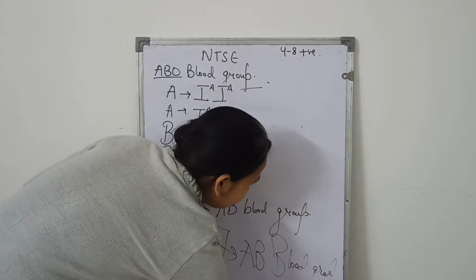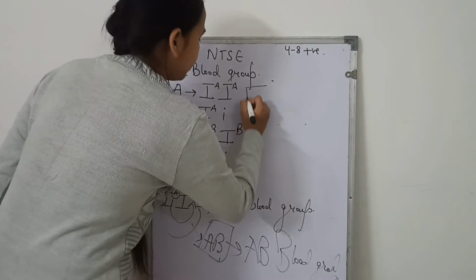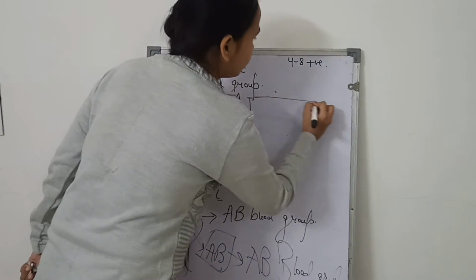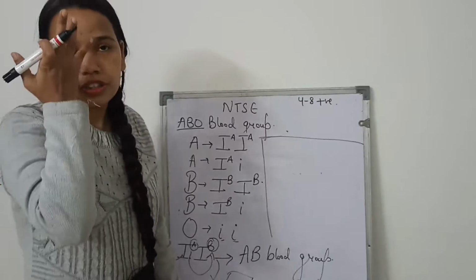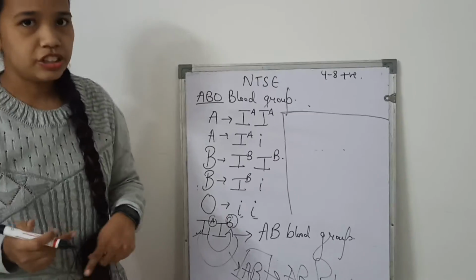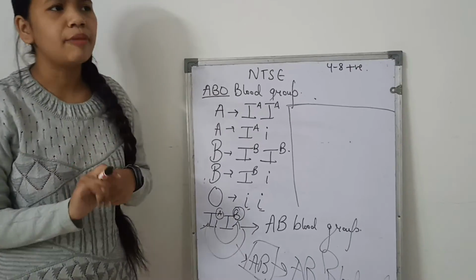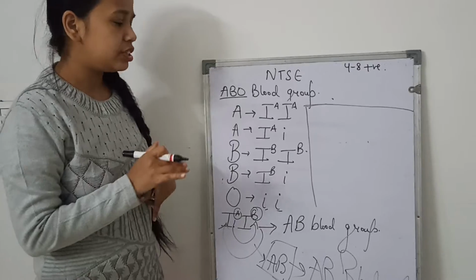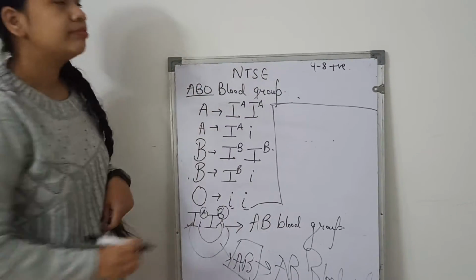So let's talk about its inheritance. In the inheritance, we definitely get questions on how these will express in a population. So let's discuss one question that is asked in the NTSE exam or in any other examination. You will definitely get a question based on this topic.